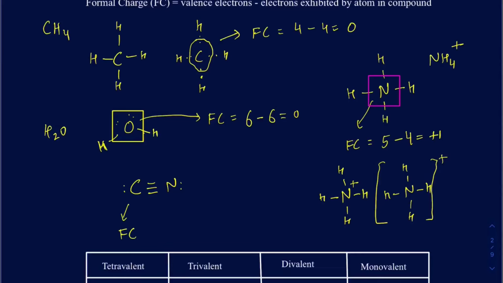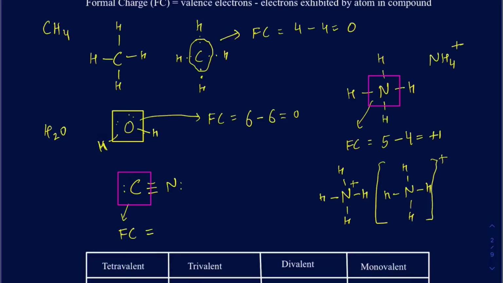If I draw out this little box to figure out how many electrons are on the carbon, you can clearly see there are 2 electrons as a lone pair on the carbon, and there are 3 bonds, or a triple bond, between the carbon and nitrogen. The triple bond brings in a total of 6 electrons, and half of them are on the carbon and half are on the nitrogen.